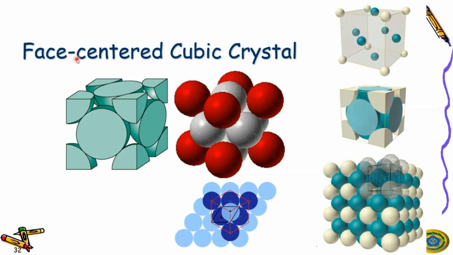This is about the face-centered cubic crystal structure, and if you count from the layer here, this atom represents this one. This is what we call stack sequences.